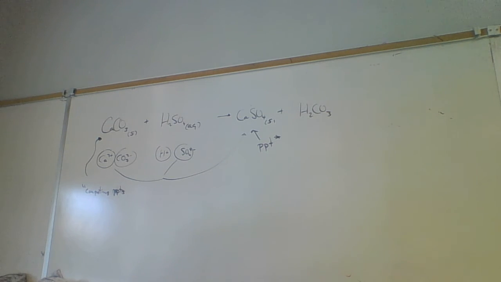And so what might give us clues? Well, charge might give us clues. But the charges are the same because calcium's 2 plus, carbonate's 2 minus, sulfate is 2 minus. What else does the lattice depend on?